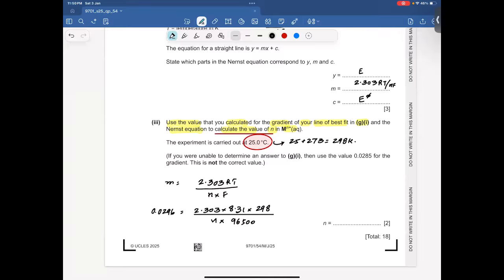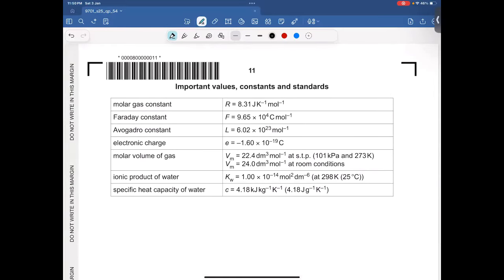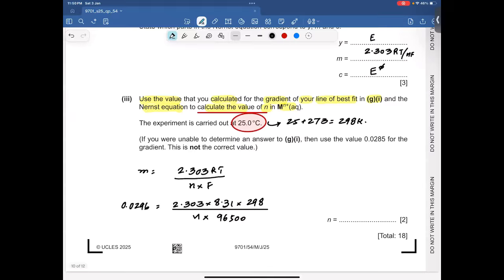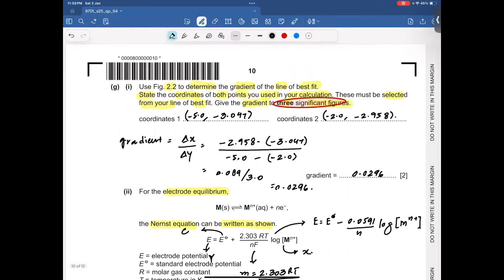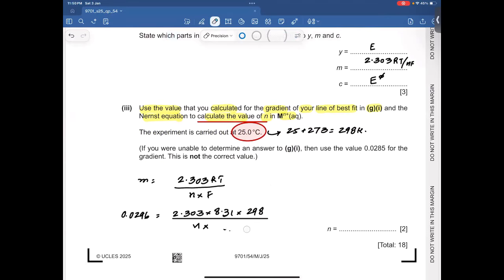This value is already given in the data table. Let me check this table. You can write this value also as 9.65 into 10 to the power 4. Okay, let me handle this whole data.